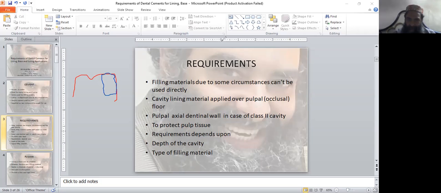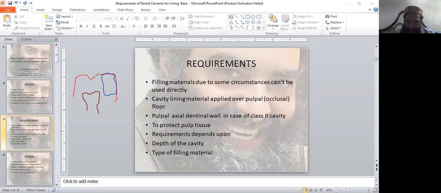One minute. So the pulpal axial dentinal wall. So this is the pulp. Clear? Now we have to move towards the pulpal axial occlusal wall.